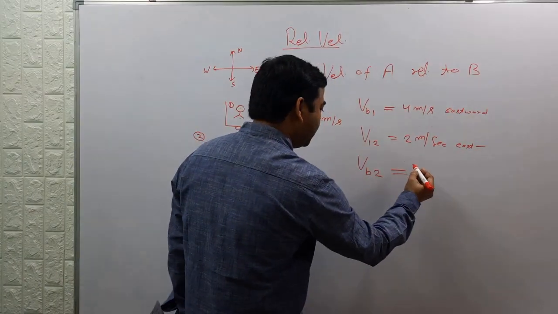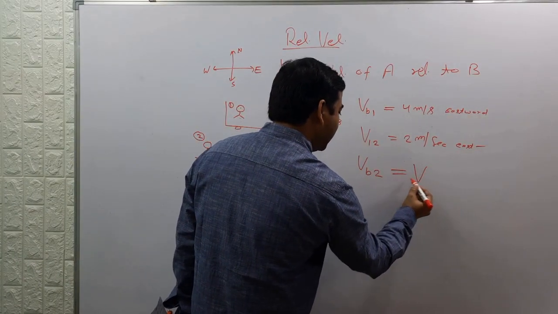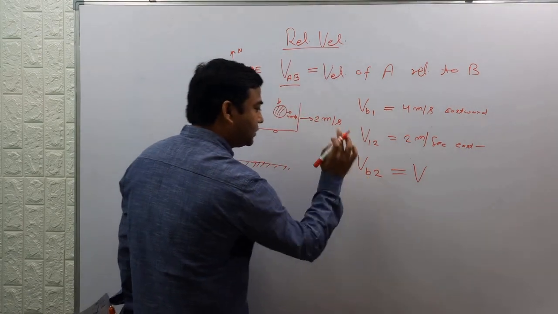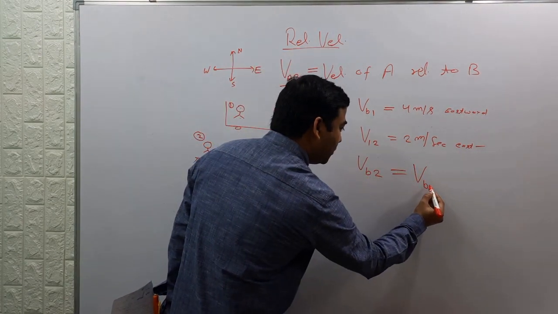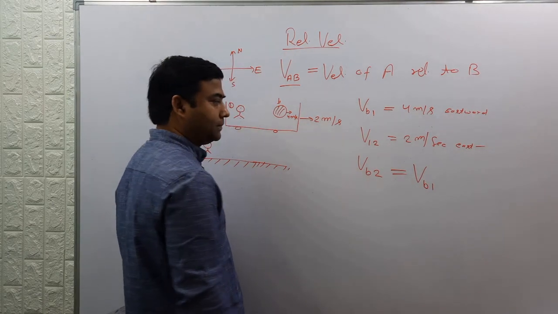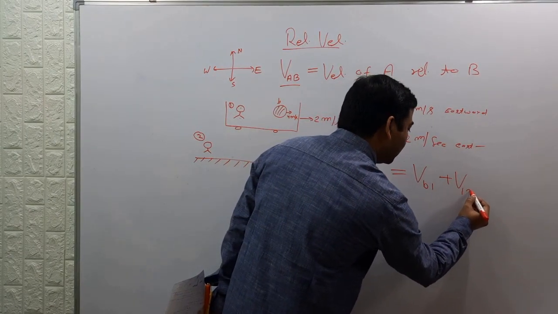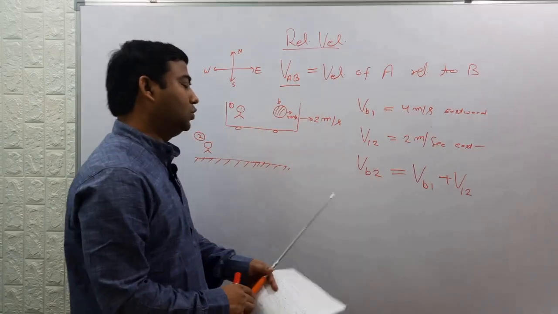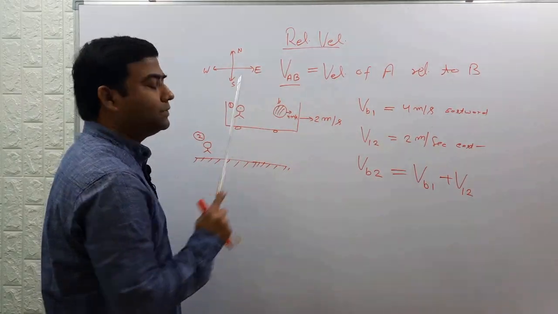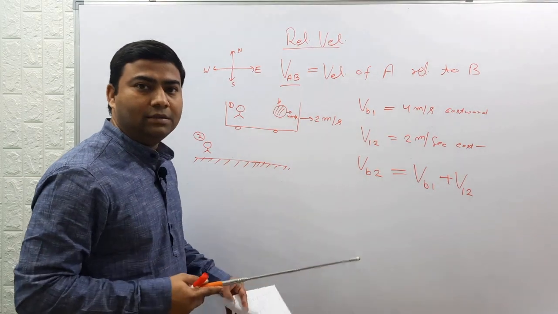So from basic intuition, you can say the velocity of the ball with respect to observer 2 is the velocity of the ball with respect to observer 1 plus the velocity of 1 with respect to observer 2. This is very simple to imagine.